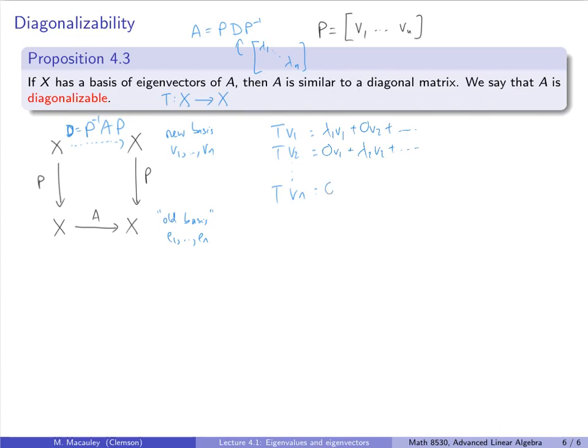And T Vn is 0 V1 plus 0 V2 plus all the way up to lambda n Vn.